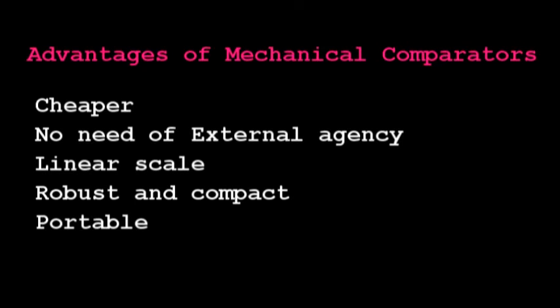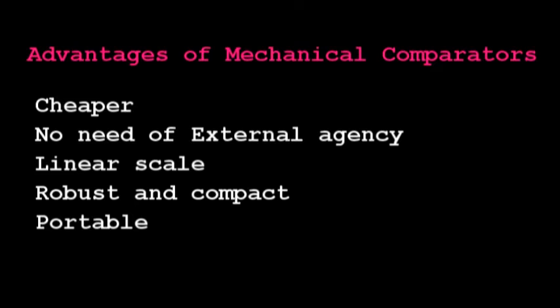And overall advantages of mechanical comparators: these are cheaper. Mechanical comparators are less costly as compared to other amplifying devices, and there is no need of an external agency. These instruments do not require any external agency such as electricity or air, and as such variations in outside supply do not affect the accuracy.